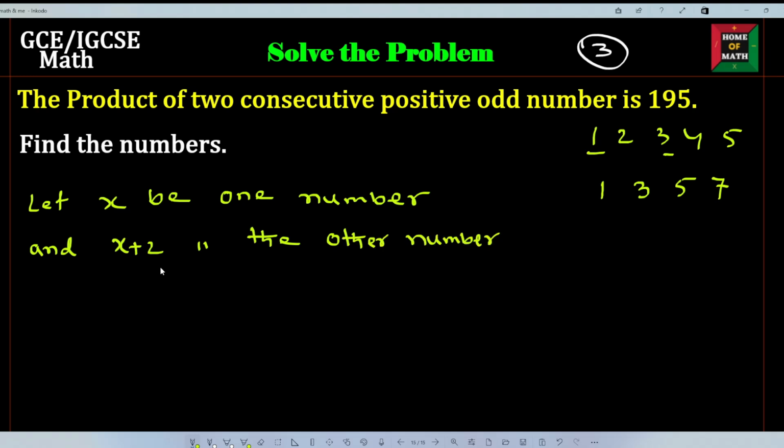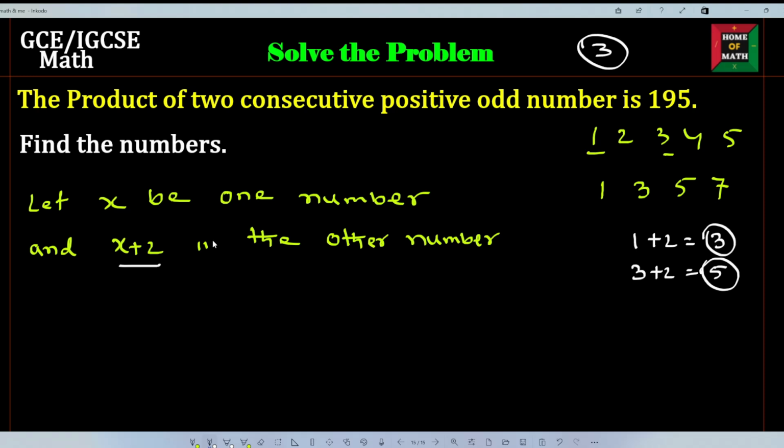Now again question, why do we write x plus 2? Why not x plus 1 or x plus 3? Look, if 1 is an odd number, if we add 2, it will become 3. 3 is another odd number. Again 3 plus 2 means 5. 5 is another odd number. So x is one odd number, so x plus 2 is the other number which is consecutive.